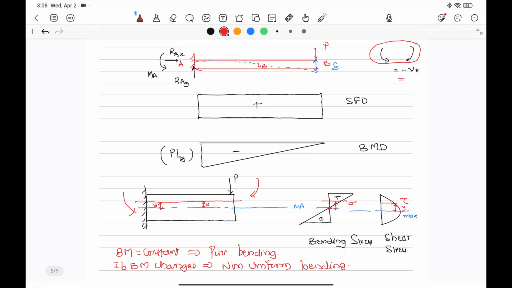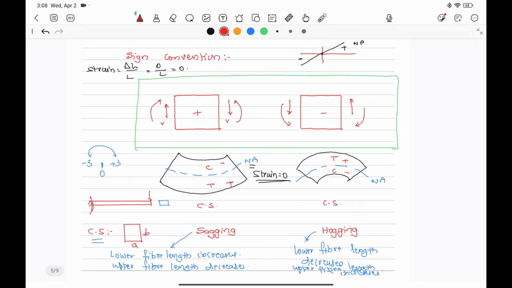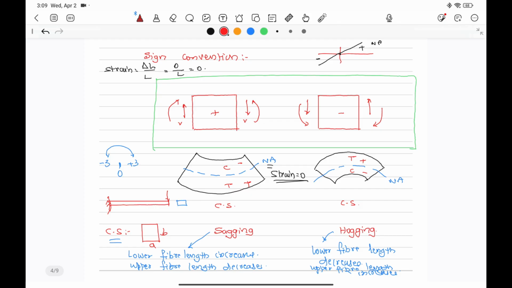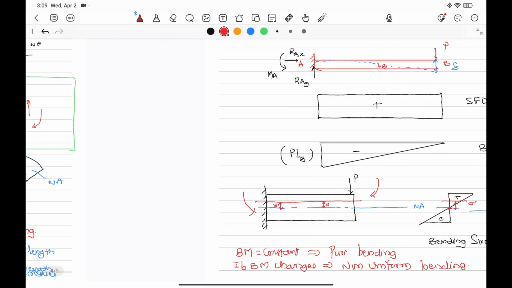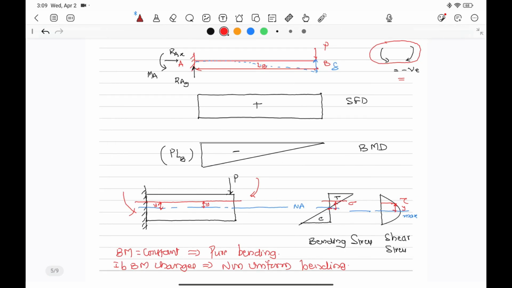Compression at the bottom and tension at the top. That means above the neutral axis there will be tension, and below the neutral axis there will be compressive stresses, in case of this type of arrangement.